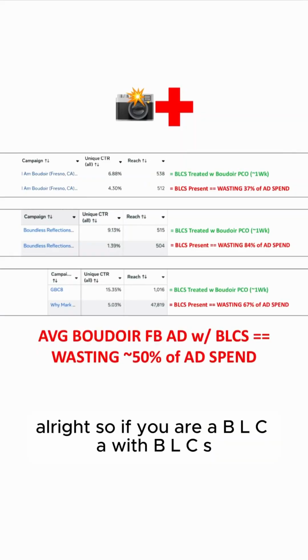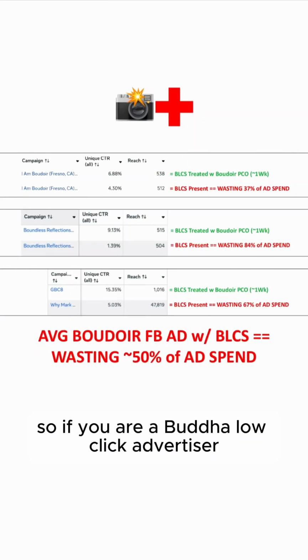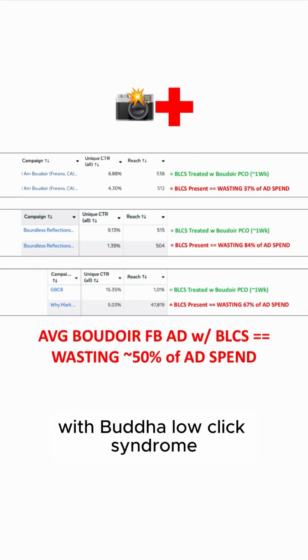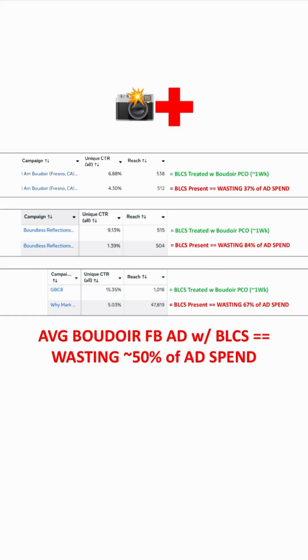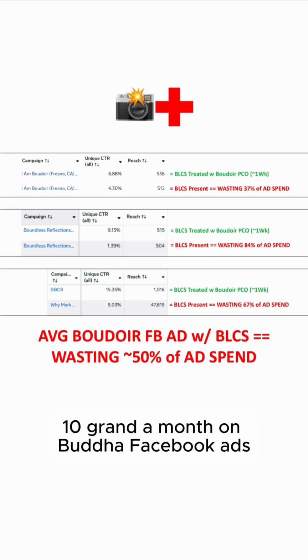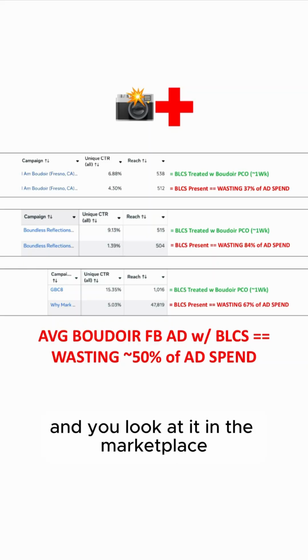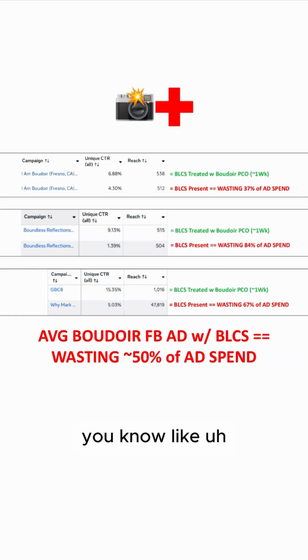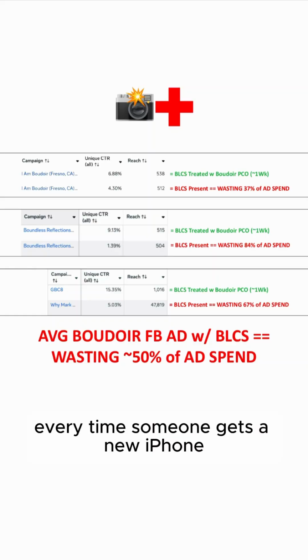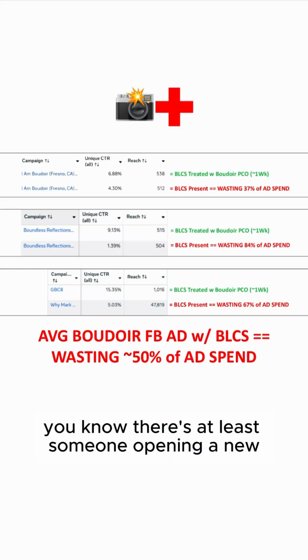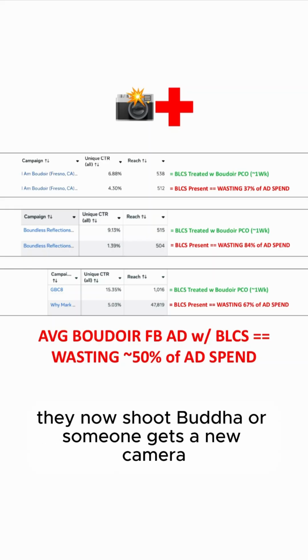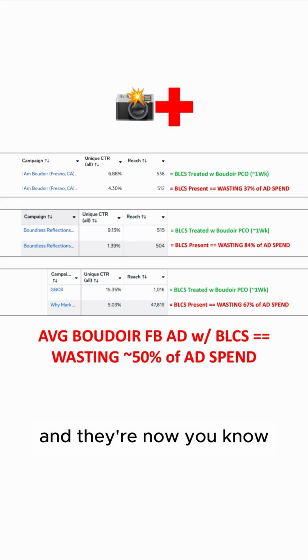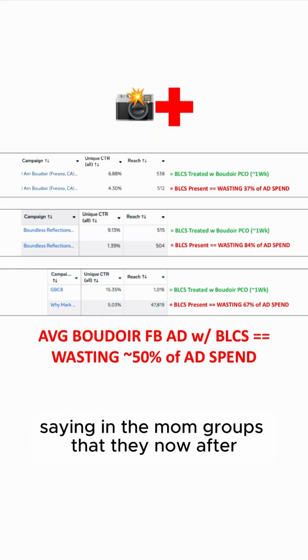All right, so if you are a BLCA, a boudoir low click advertiser with boudoir low click syndrome, and you're spending more than 10 grand a month on boudoir Facebook ads, and you see the marketplace getting more and more saturated with boudoir photographers. Every time someone gets a new iPhone, someone is opening a new Google Maps profile saying they now shoot boudoir, or someone gets a new camera and is saying in the mom groups that they offer boudoir shoots.